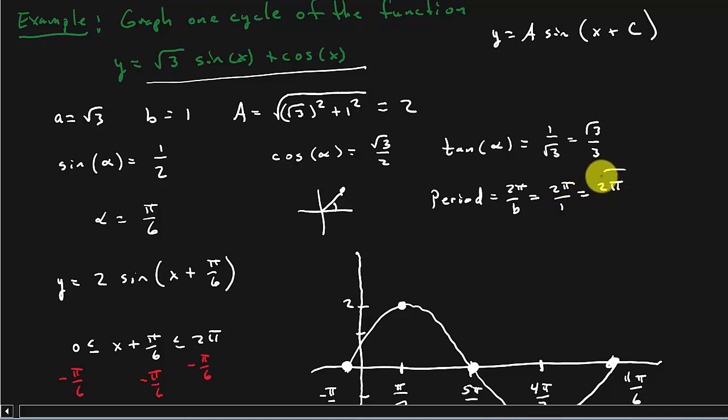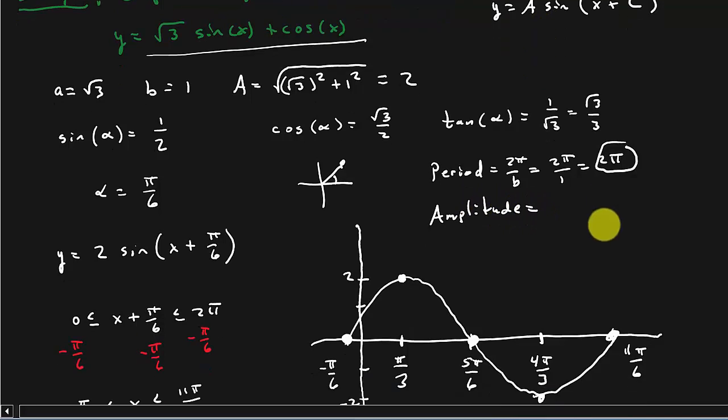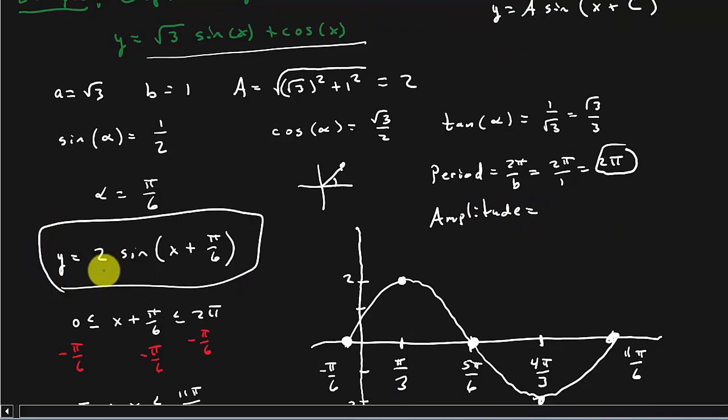So there's your period. And then let's do the amplitude. Amplitude, that's the number in front. Here's my function here. So that's going to be 2. Okay, we got the number in front there. And then the phase shift.